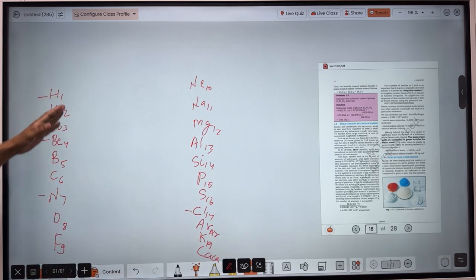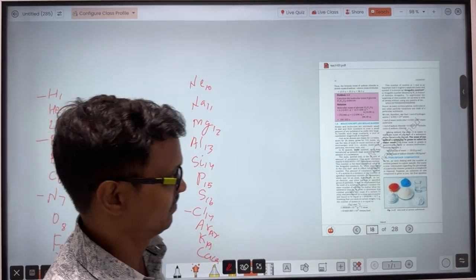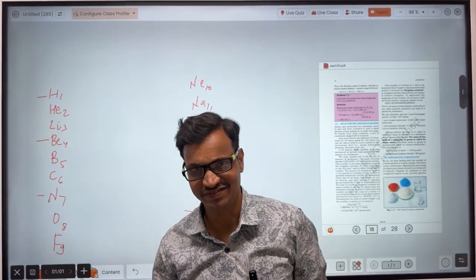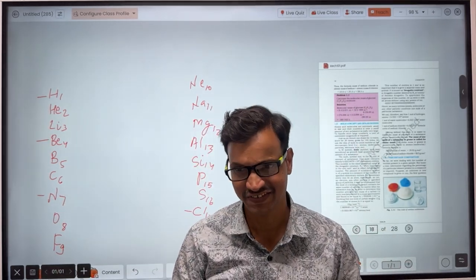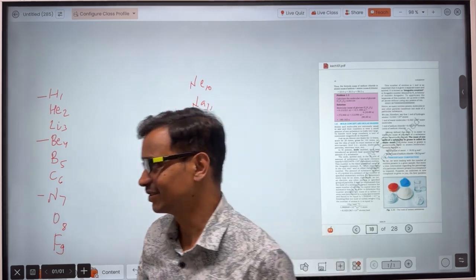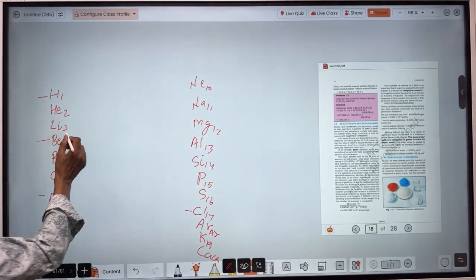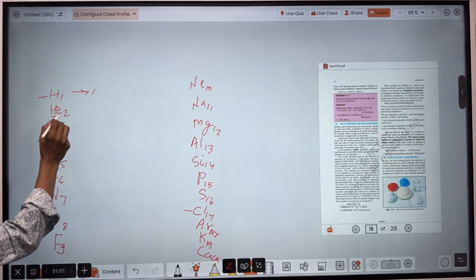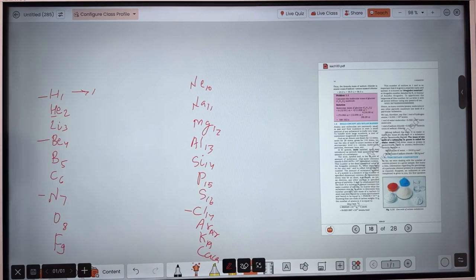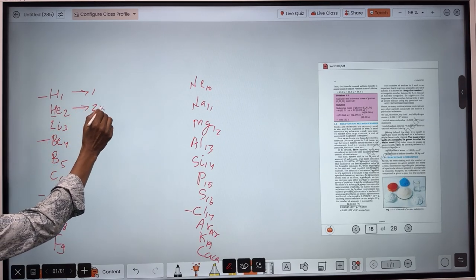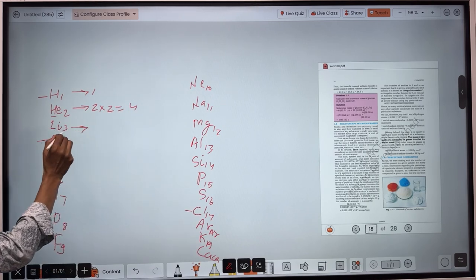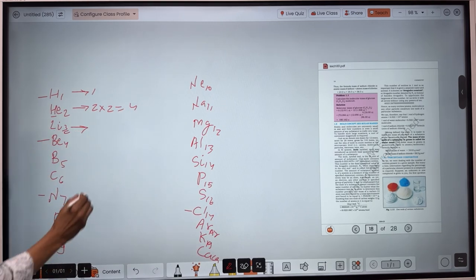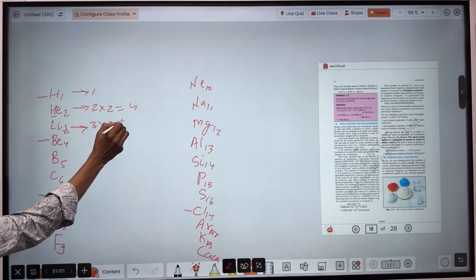Or you may say that one is neither odd nor even. So for hydrogen, its atomic weight is 1 only. And helium's atomic number is an even number, so atomic mass will be simply twice that: 2 into 2, that is 4. Lithium's atomic number is 3, so that's why 3 into 2 plus 1.